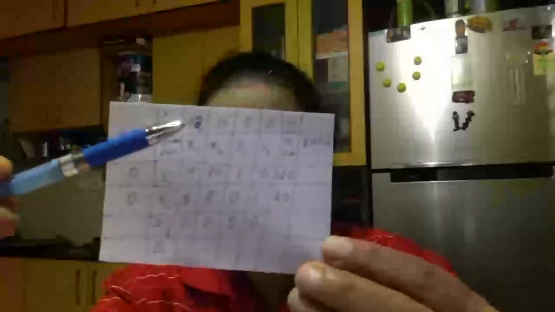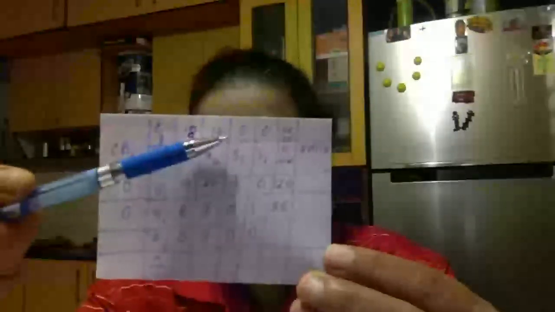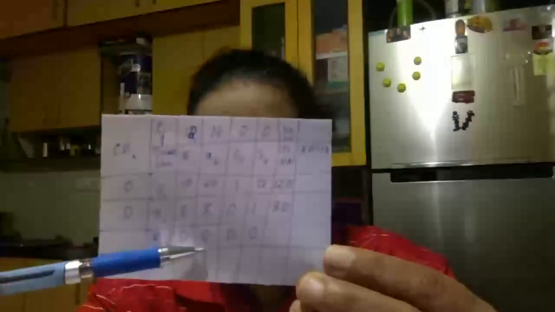So since all are zeros, it will be 12 minus 0, which is equal to 12. 16 minus 0 is equal to 16. 0 minus 0 is 0. 0 minus 0 is equal to 0. You write, I will show you.